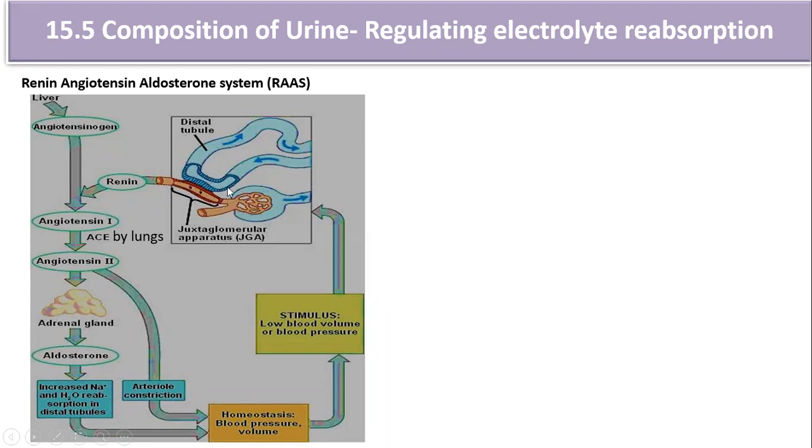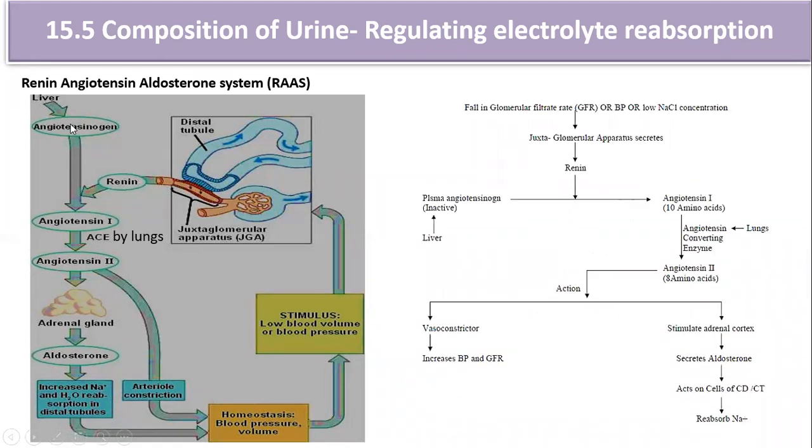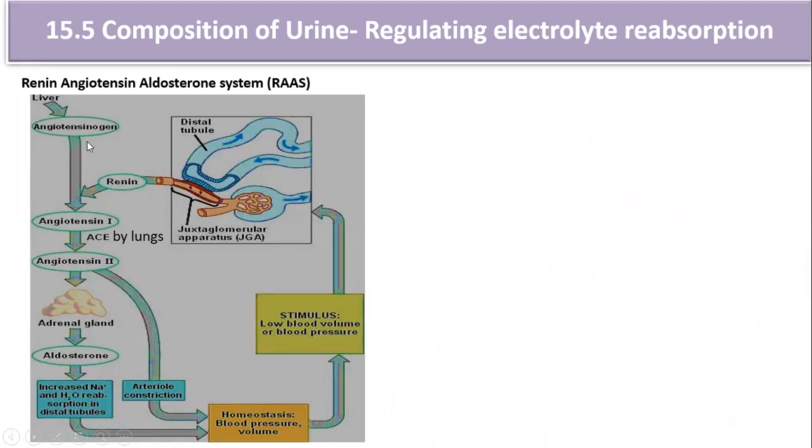So that juxtaglomerular apparatus is formed by the DCT and the glomerulus, or part of the arteriole, and it is going to release a hormone-like enzyme called renin. Now that renin is going to act on angiotensinogen.